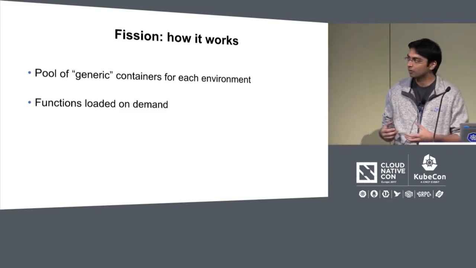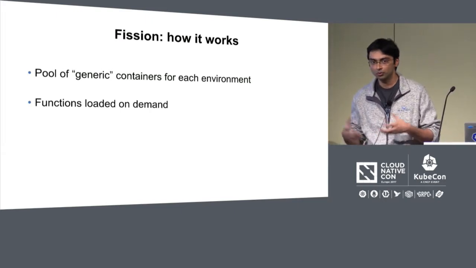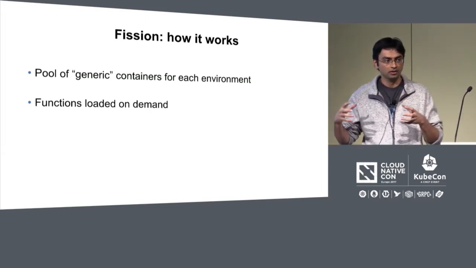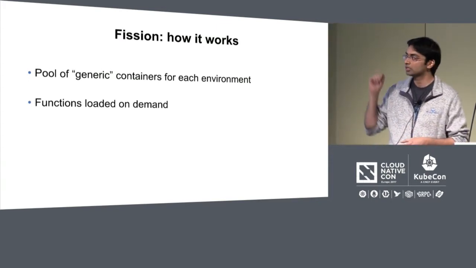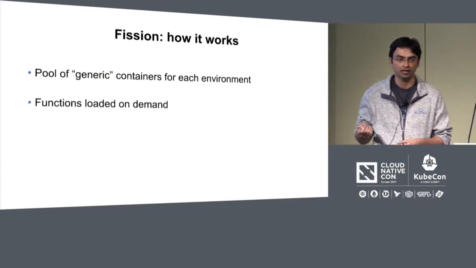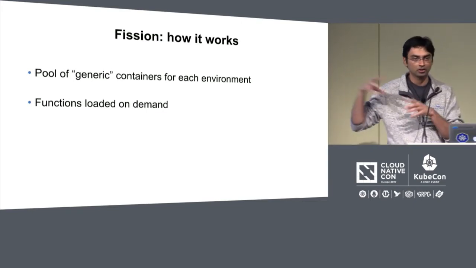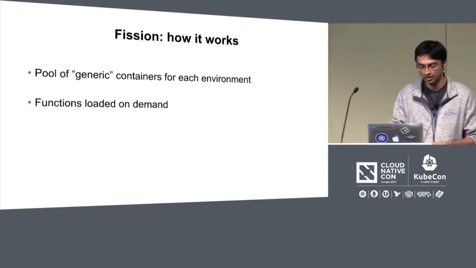So if you want a fast cold start, then we need a pool of already warm containers that already have a server running in them, and we just need to be able to load functions on demand. I'm going to talk a little bit about the components of Fission and how we achieve that.